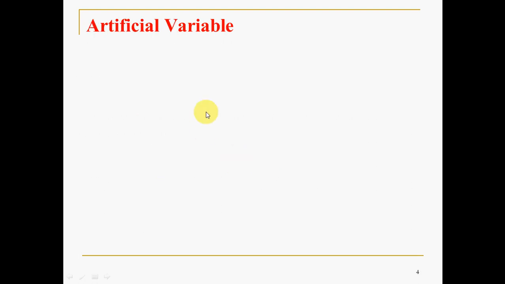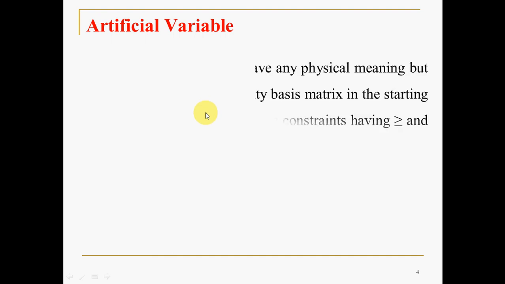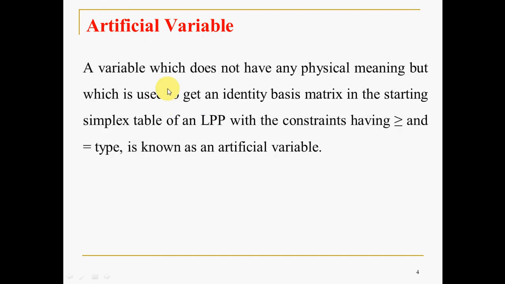Coming to the artificial variable, a variable which does not have any physical meaning but which is used to get an identity basis matrix in the starting simplex table of an LPP with constraints having greater than or equal and equal type is known as an artificial variable.